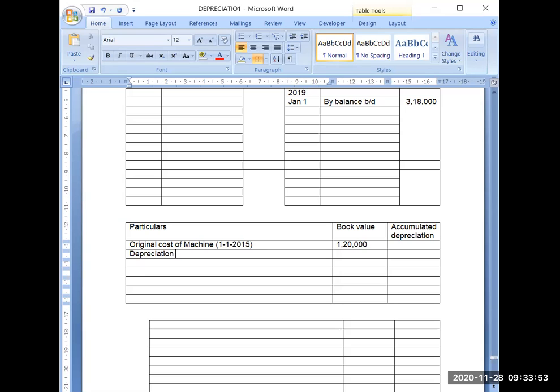So obviously full year depreciation would have been charged, which would be 12,000, and its written down value WDV on 1/1/2016 will be 1,08,000.